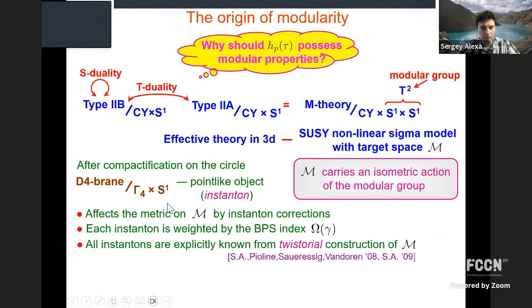And moreover, these instanton corrections, as already mentioned in the introduction, are weighted by the BPS indices, omega of gamma. But the good news is that we know how to compute all these instanton corrections. So we did it 15 years ago already.